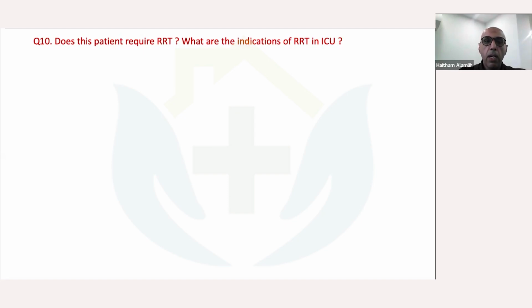What are the indications of RRT in the ICU? Refractory pulmonary edema, refractory metabolic acidosis, refractory hyperkalemia, or signs of uremia like uremic encephalopathy or uremic symptoms. So these are the indications of RRT.